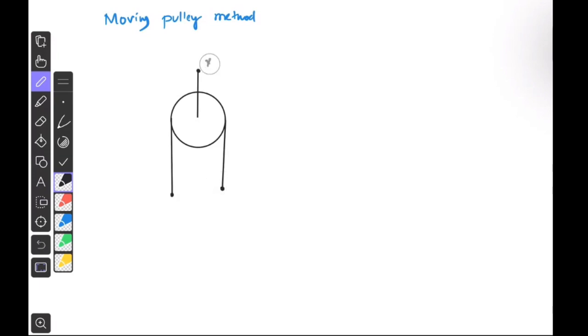suppose the pulley has a displacement xp upward, the velocity of the pulley is vp upward, and the acceleration of the pulley is ap upward. Any point on the left side of the string has a displacement x1 upward, velocity v1 upward and acceleration a1 upward, and any point on the right string has displacement x2 down, velocity v2 down and acceleration a2 down.